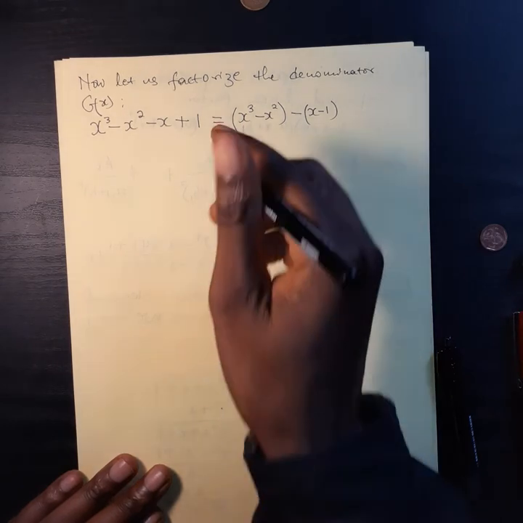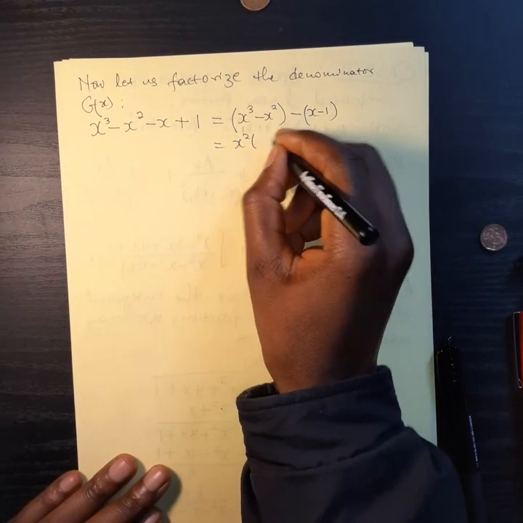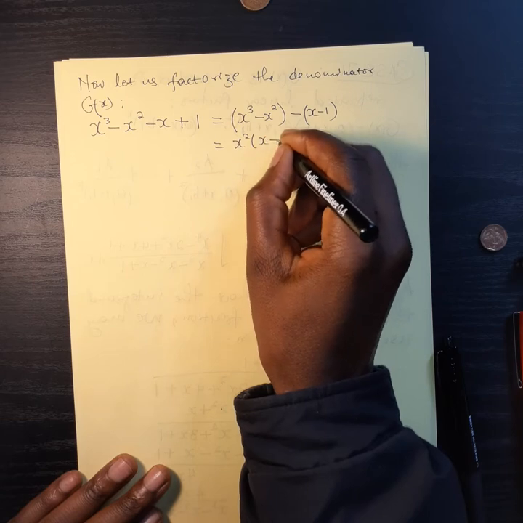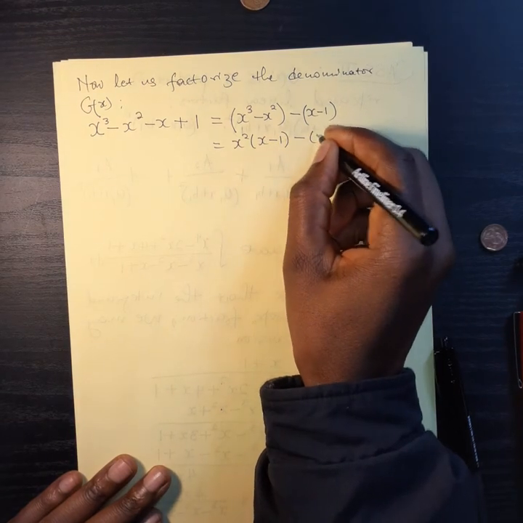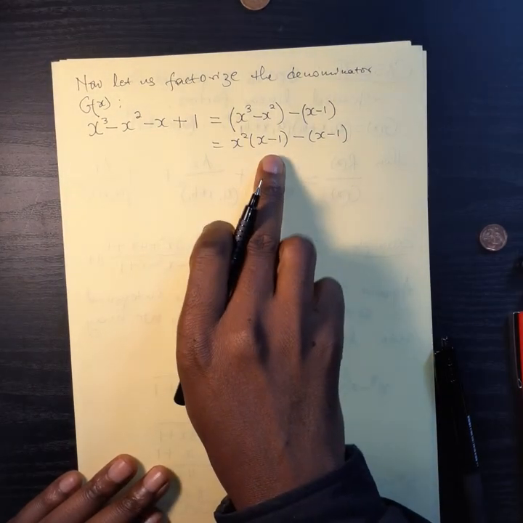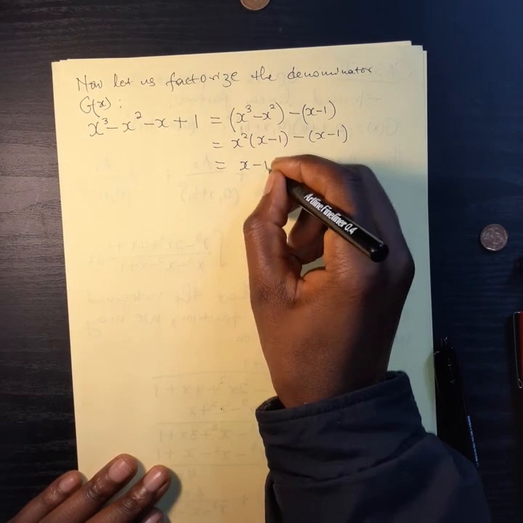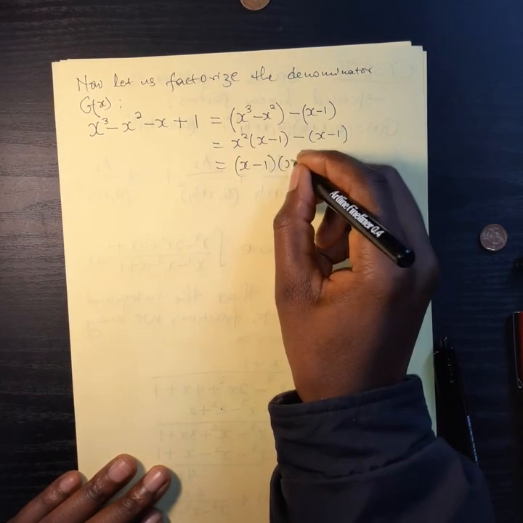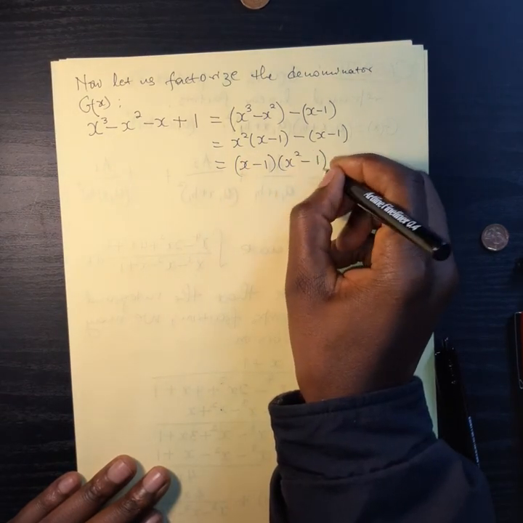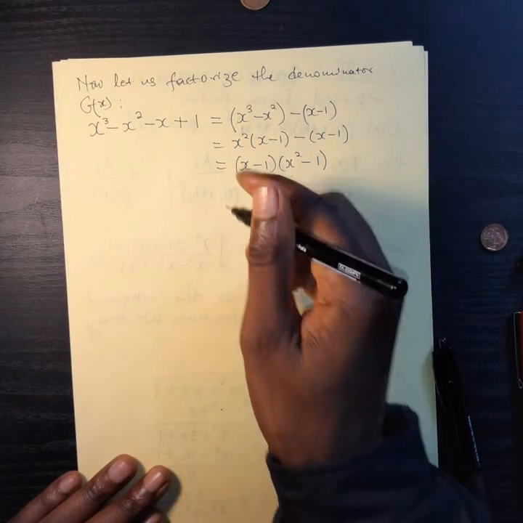All right. So in this one, x squared is common, take it out. You are left with x minus 1 minus x minus 1. Then you note that x minus 1 is common, take it out, get x minus 1 into x squared minus 1. You realize that this is a difference of two squares. Factorize it.